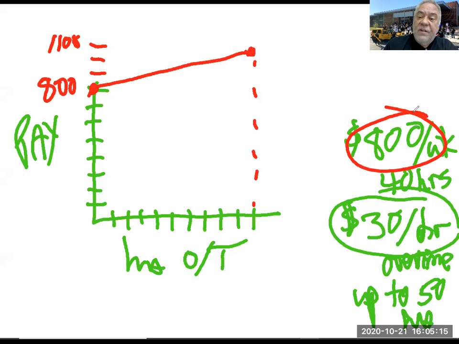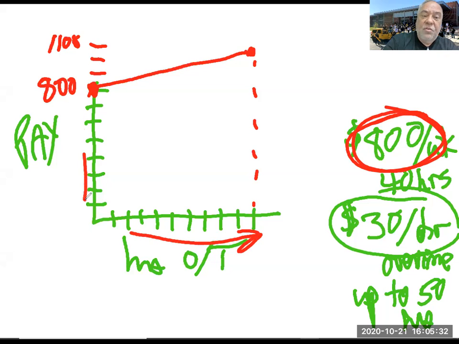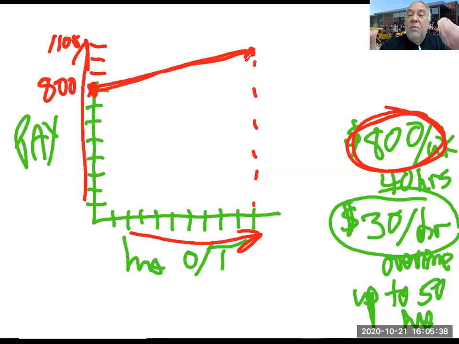So he's already earned what's the maximum? $30 an hour. Basically, that's how you do it.